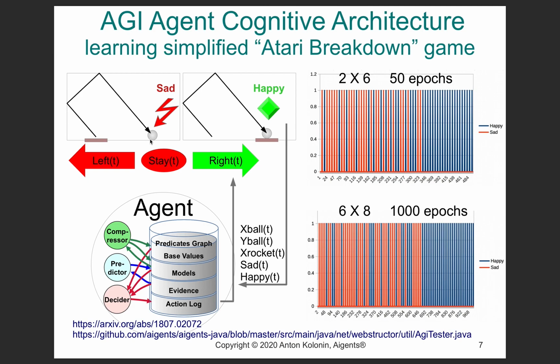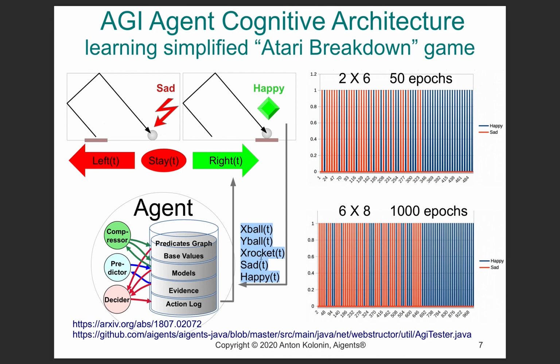And the hard-coded base value of the agent is to always be happy and never be sad. And here we can see the list of 5 functions which can be represented as predicates describing the position of the rocket and the ball, and the perception of being either sad or happy based on the situation on the game board.